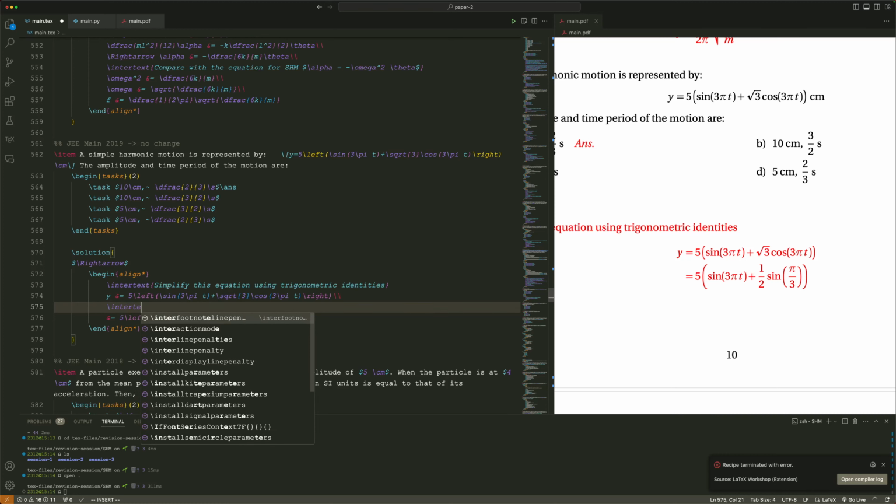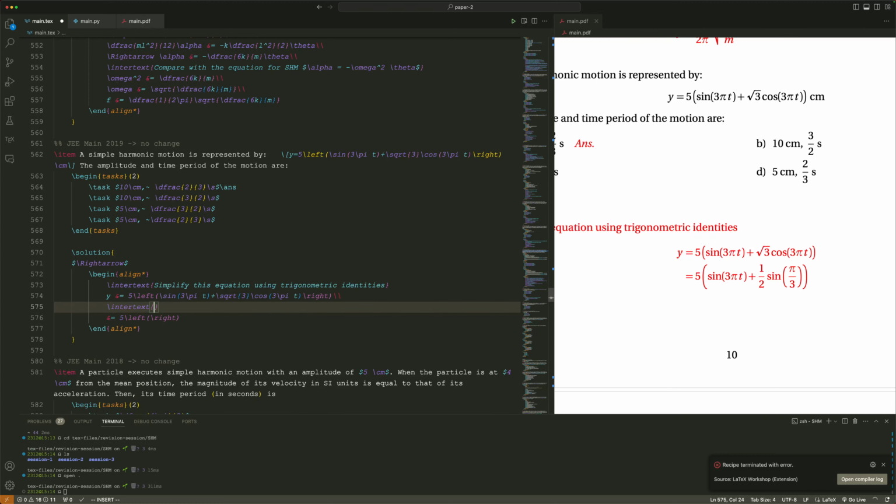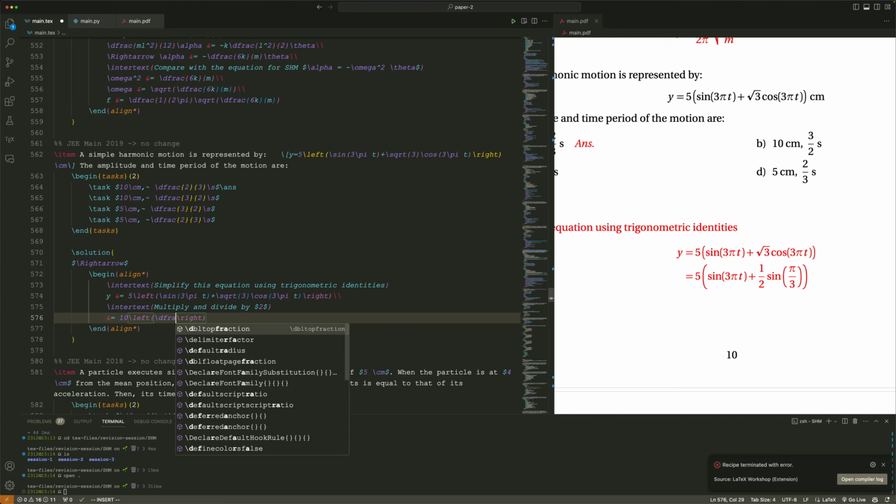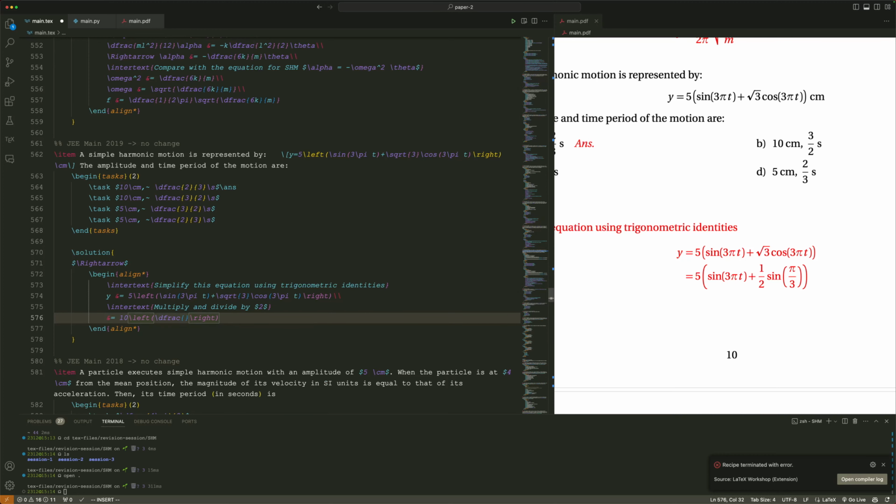This is much more tedious, describing everything we are doing. Multiply and divide by 2, so this will become 10, and this will become, let's say, dfrac. Why is dfrac not added in the command? I don't understand.